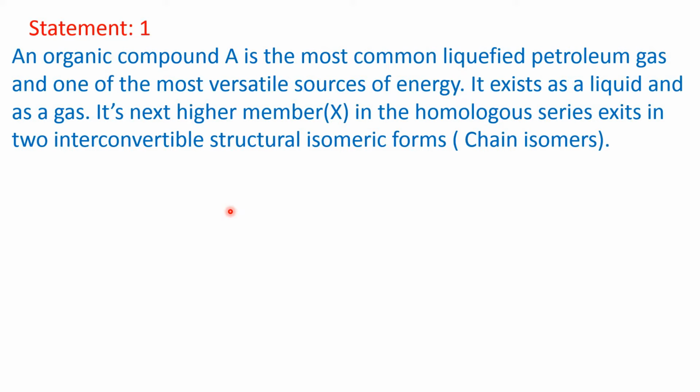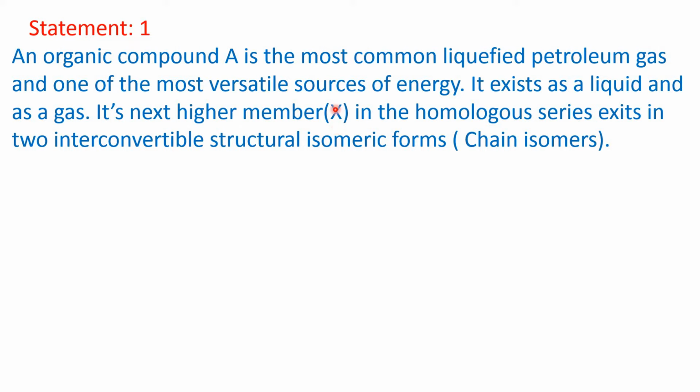It exists as a liquid and as a gas. Its next higher member X in the homologous series exists in two interconvertible structural isomeric forms, that is chain isomers.